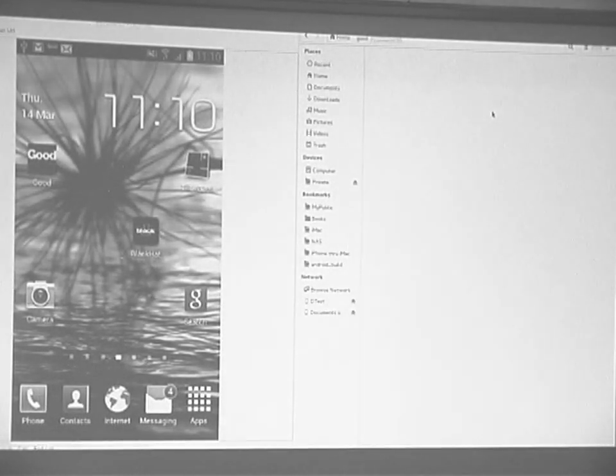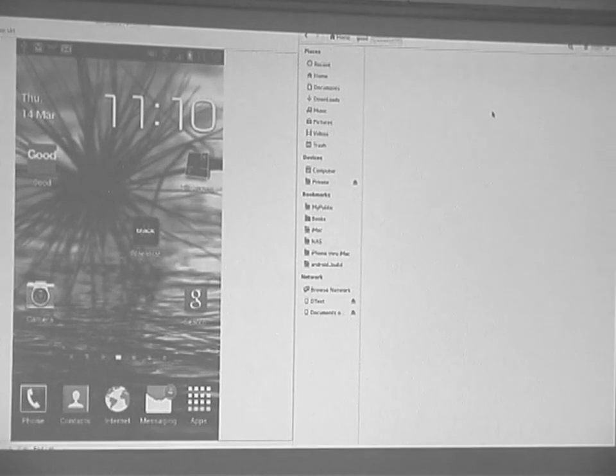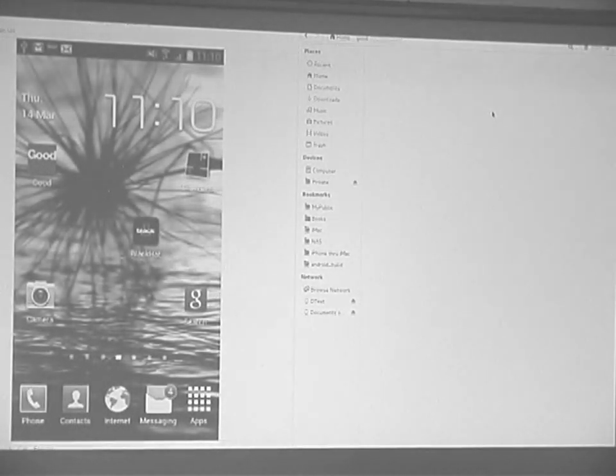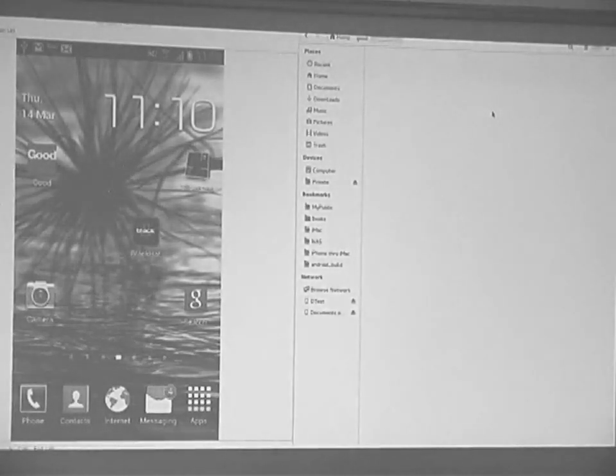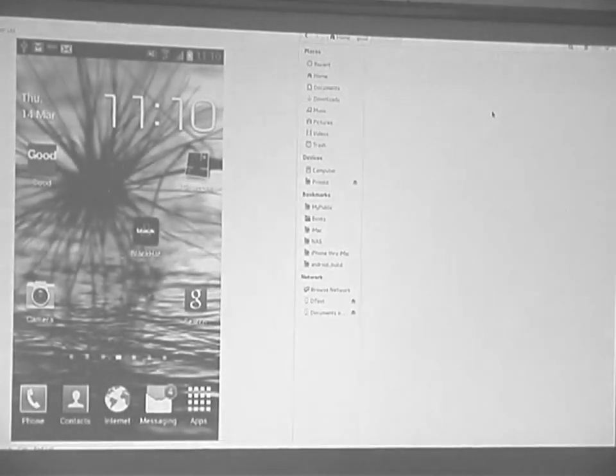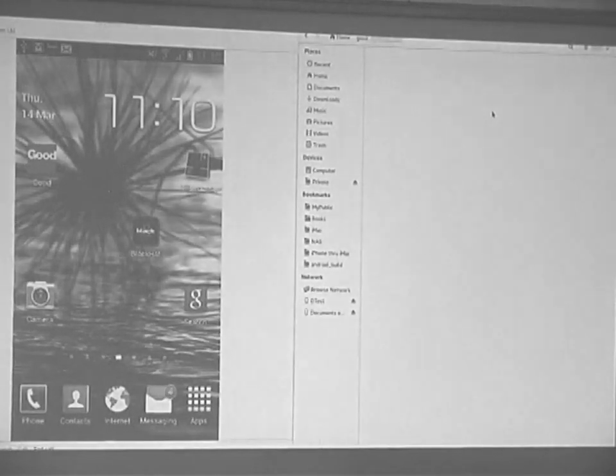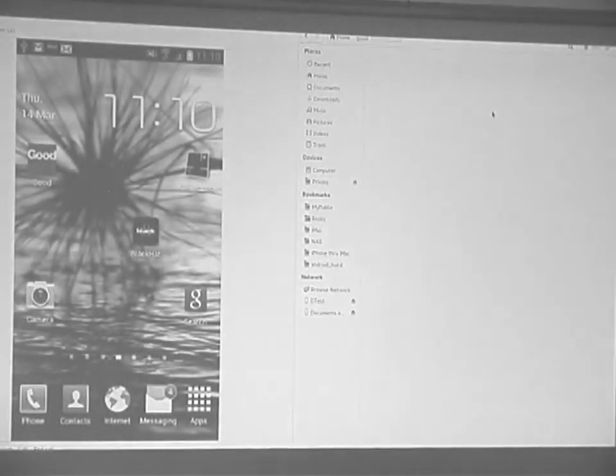Okay, so here, as you can see, a Galaxy S3 device with a still-open Exynos vulnerability. For those who aren't aware, this was a vulnerability found in Galaxy S2 and Galaxy S3 devices using the Exynos chipset that allowed you to gain root privileges on the device.